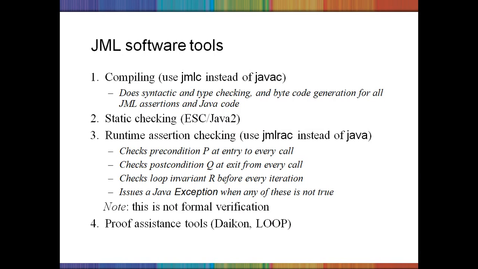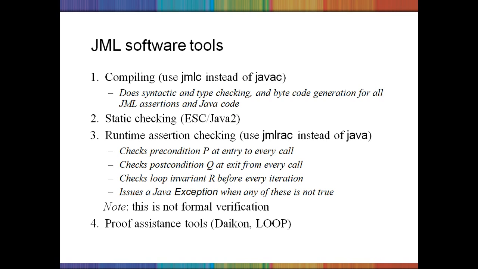For compiling JML code, use JMLC instead of the Java compiler. Syntactic and type checking will be done by this JMLC, and the bytecode generation for all JML assertions and Java code will be done by the JMLC, and static checking will be done.